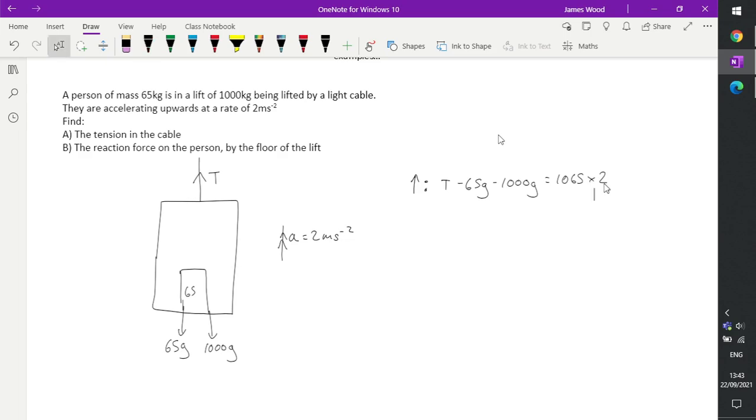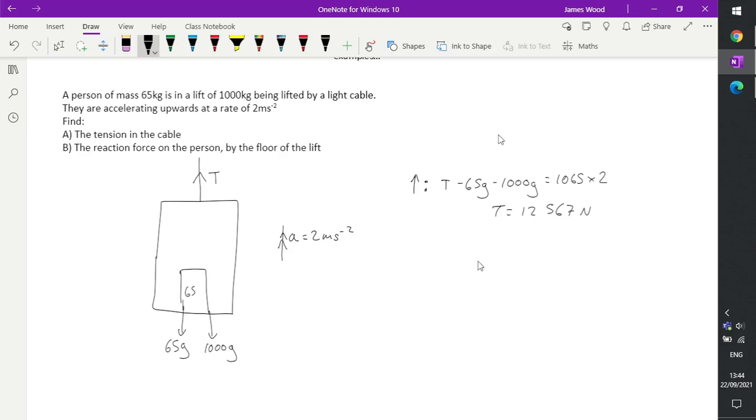If I now go through and solve that equation, 1065 times 2 plus 1000G, so remember that's 1000 times 9.8, plus 65 times G, and that gives me a tension in this cable of 12,567 newtons. This is a similar method to when we were looking at trailers and we considered the whole system. We've considered both objects together, the lift and the person.